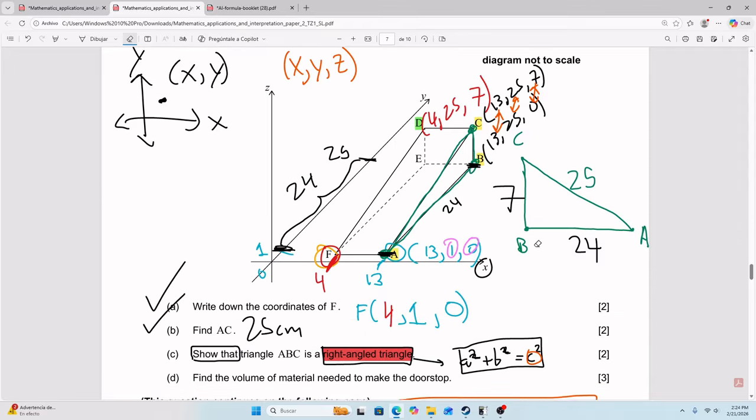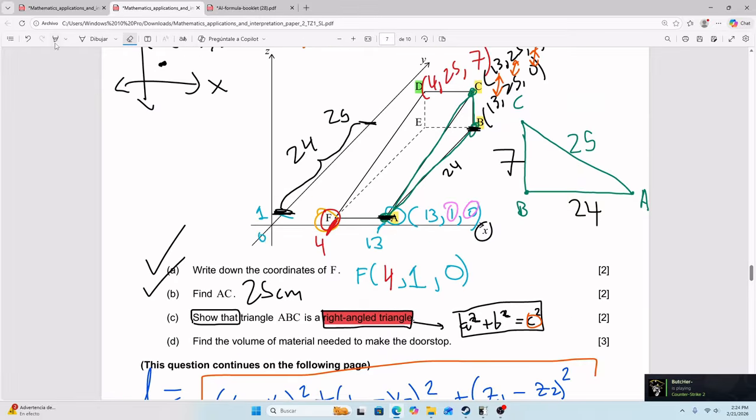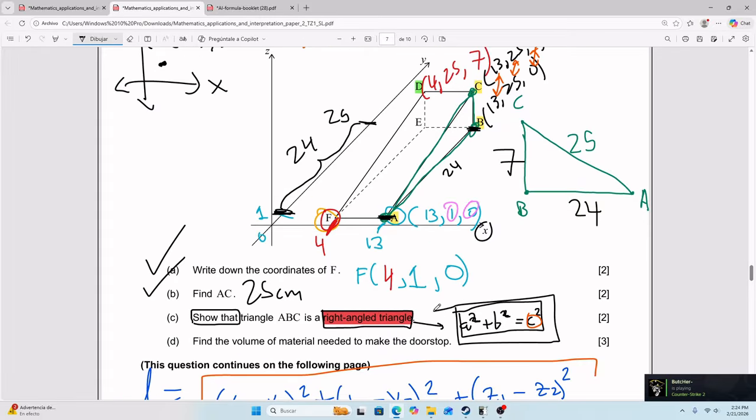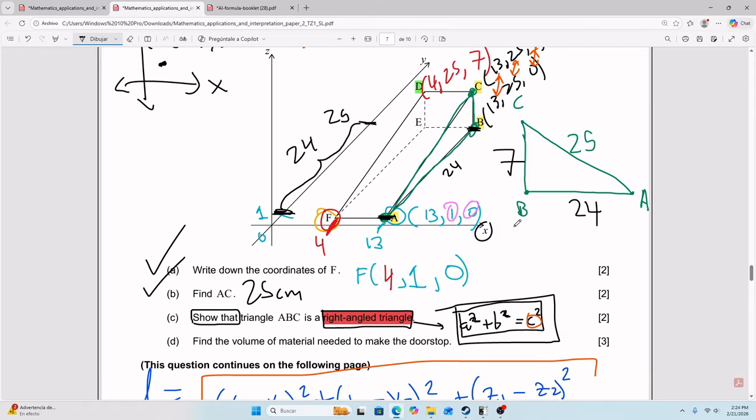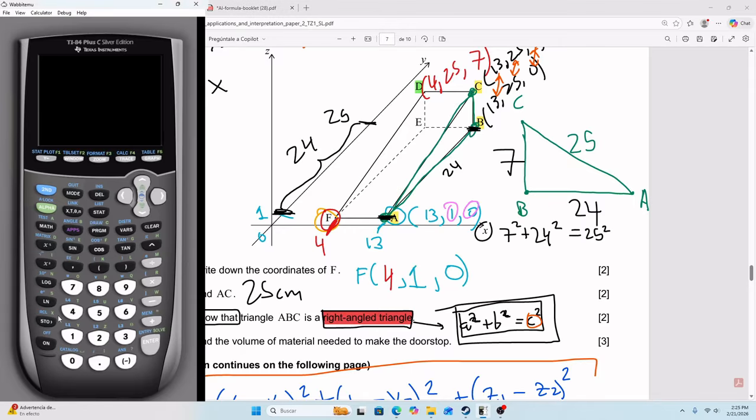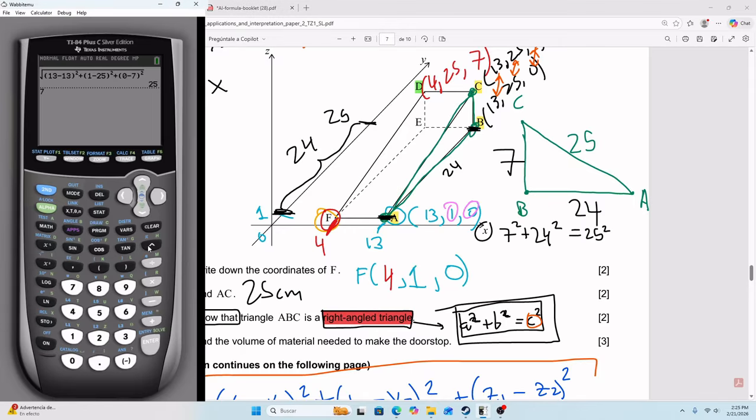And so in order to prove if this is a right angle triangle, this has to be true. And for this to be true, let's figure it out. If it's true, that means that 7 squared plus 24 squared equals 25 squared. Así que veamos. So 7 squared plus 24 squared gives you 625.